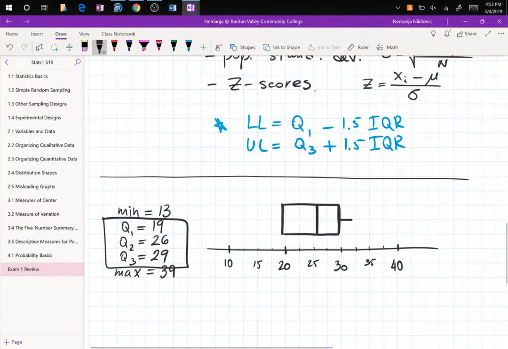Now, these are the middles, right, that will go out. So we need to find 13 and put the short line. So 13 would be here, and then connect. And then 39 would be here, before 40, and then connect. So here's your min, here's your Q1, Q2, Q3, and a max.